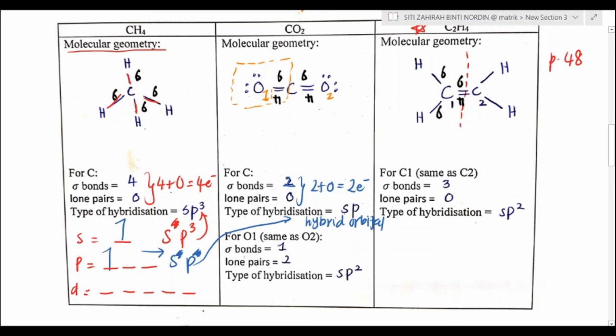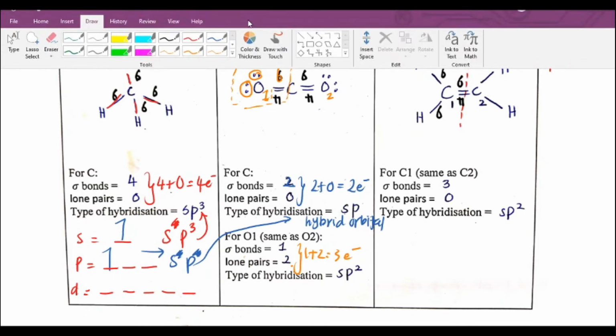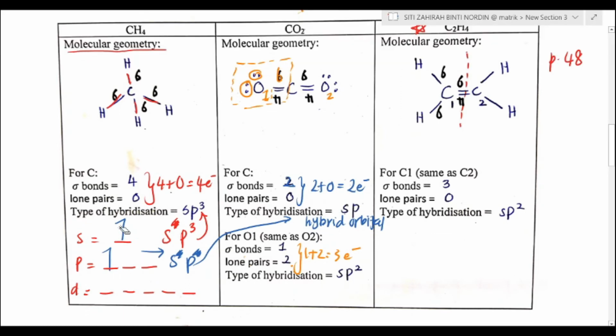So we've got 1 pi bond, 1 sigma bond, this one, and 1, 2, 2 lone pairs. So 1 plus 2 would be 3 electrons. So 3 electrons, we're going to fill it in here. So 1, 2, 3.